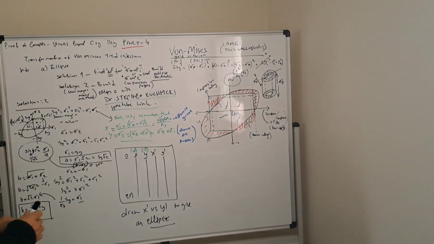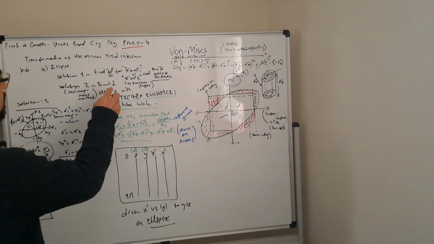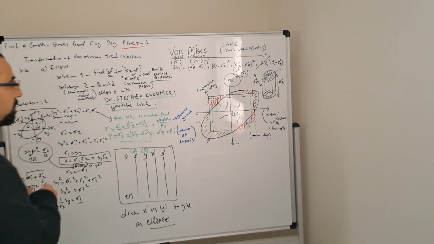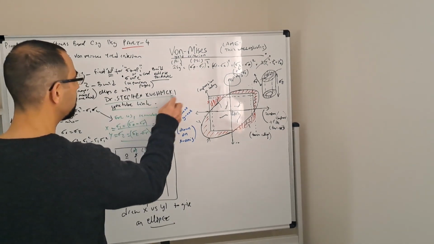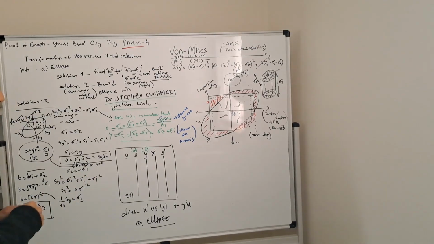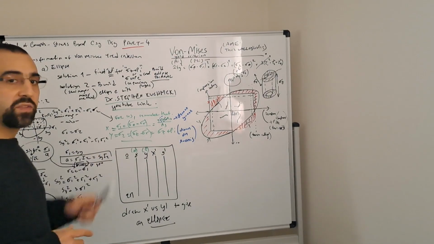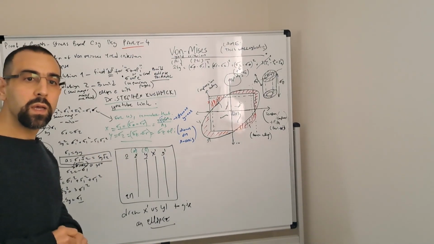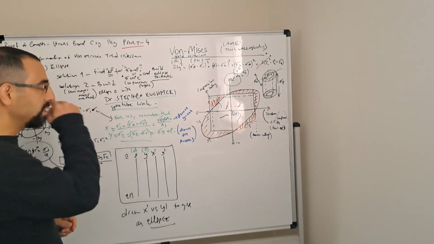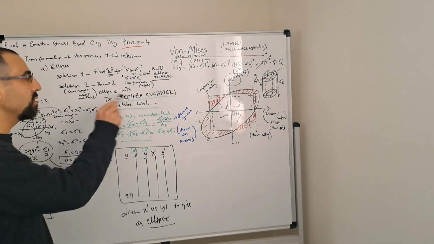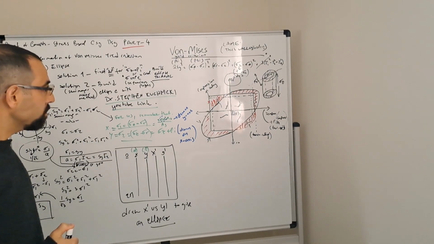The second solution that we are going to talk about is to build an ellipse based on Dr. Steven Kuczynski's video. When I was interested in building the triaxial ellipse, this was the first thing that I came across. He made a really good video.